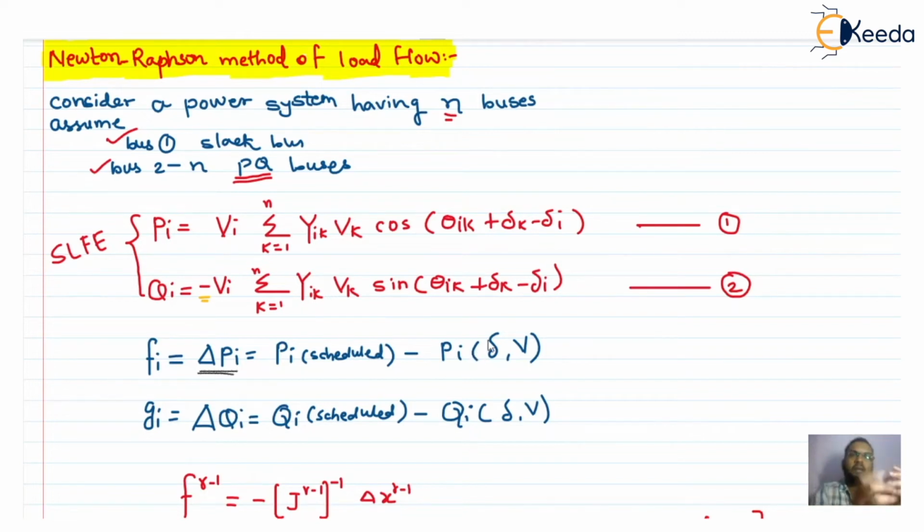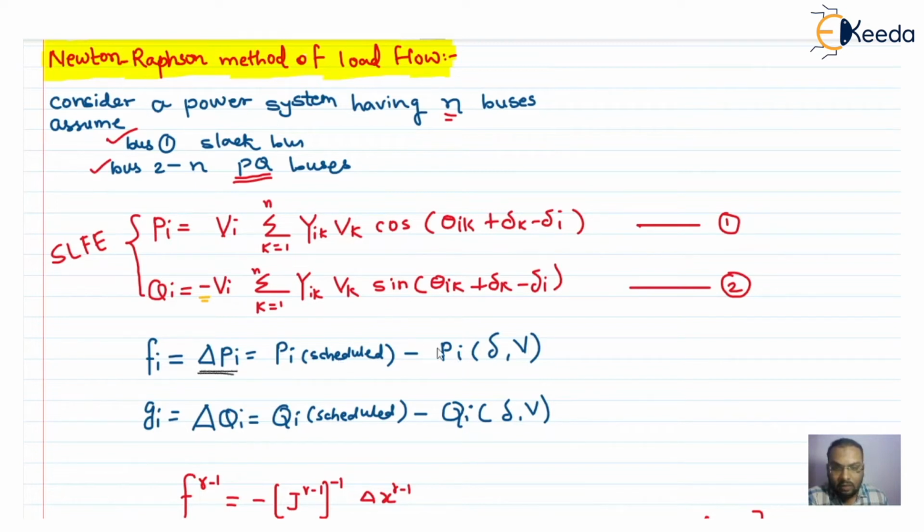See what happens when we do the unit commitment. In that case, we commit or schedule certain real power on the generator buses. Sometimes the actual power is not exactly the same as the scheduled power, so a certain difference will be there.